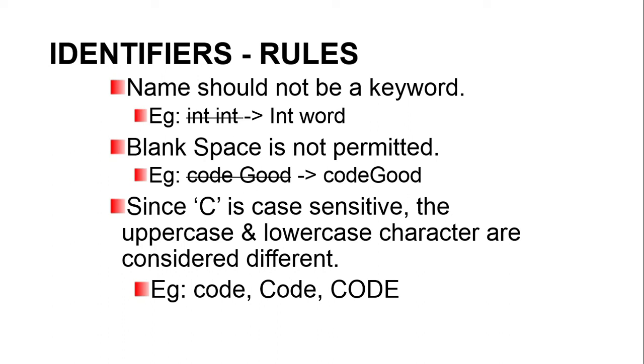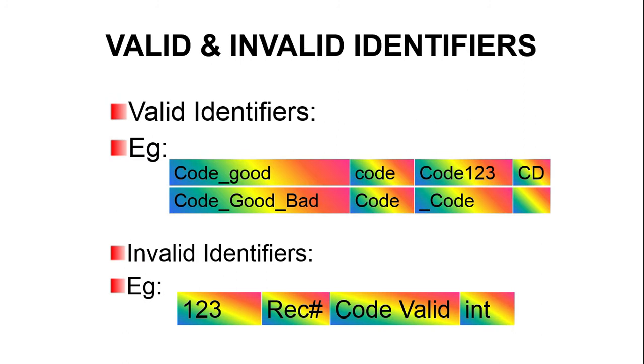That is a very important rule, and this is an example of valid and invalid identifiers. Valid identifier examples are code underscore good and code underscore good underscore bad. You can write many words, but you have to connect the words with an underscore, because white space is not allowed between the words.